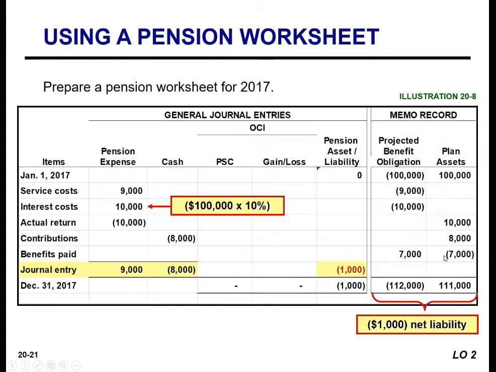We paid out 7,000, so 7,000 in reduction in our plan assets, as well as 7,000 to the projected benefit obligation. And when we total these lines, they're not the same. The reason they're not the same is because until we do our journal entry, we still have $1,000 of net liability. So the difference here and this should be the same.